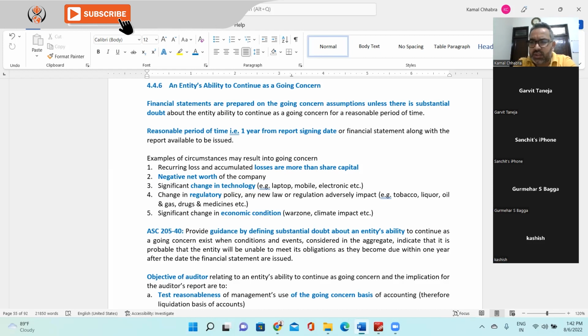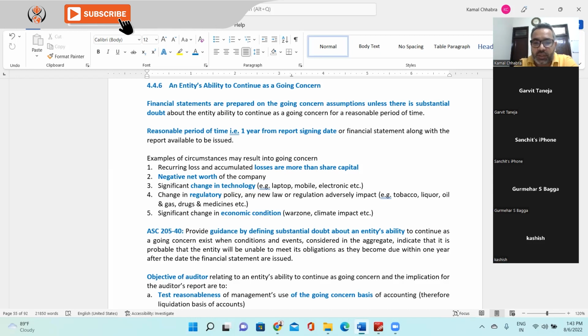First is recurring loss, accumulated losses more than share capital, right? Negative net worth, or maybe significant change in technologies, especially in the laptop market, mobile market, application market, electronic market, right?